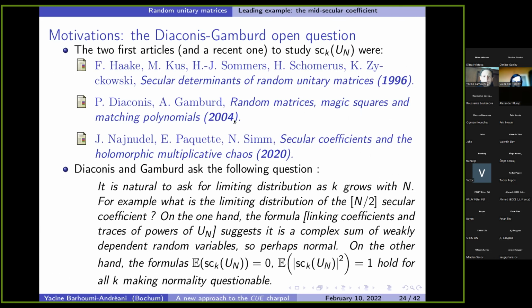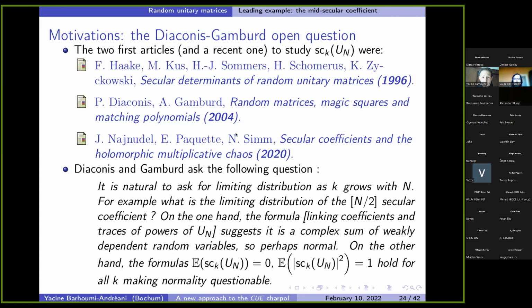They computed the expectation and variance of the secular coefficients. Then Diaconis and Gamburd generalized this to moments. And the moments were involving magic squares. This is a paper that was considered very cute, because this was completely unexpected.